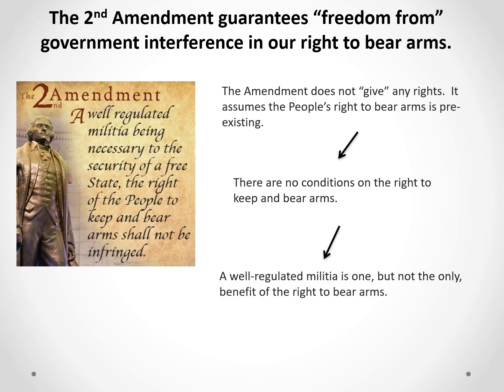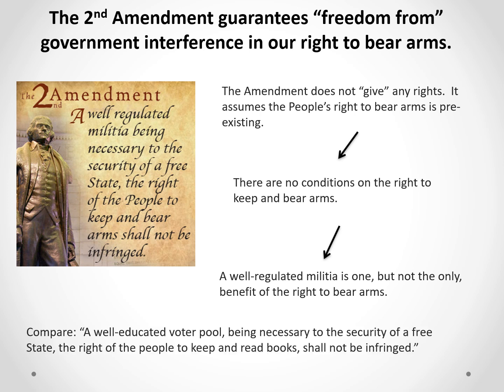So if you look at the Second Amendment, a well-regulated militia is a benefit of the right to bear arms. It's a benefit significant enough that the founders mentioned it in the Second Amendment, but it's not necessarily the only benefit of the right to bear arms. If we take kind of a politically neutral example, the right to keep and read books.